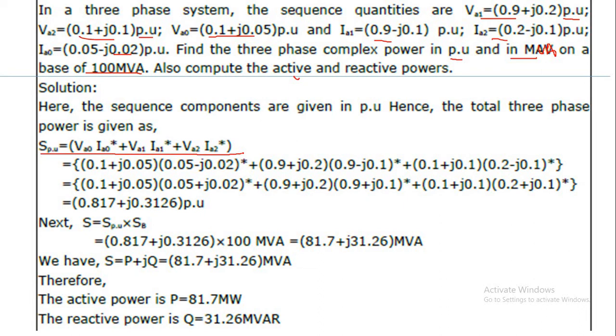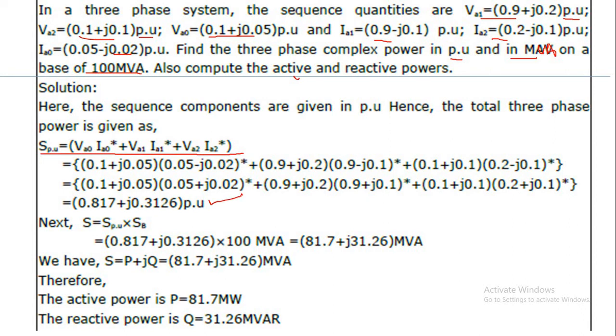So conjugate is nothing but, if you want to write IA2 as a conjugate, 0.9 plus J.1. Similarly, this is 0.2 plus J.1. This is 0.05 plus J.02 conjugate. So you can write here, instead of minus, plus only; for the complex values you have to write plus, plus, plus, then you can get the value of per unit power.